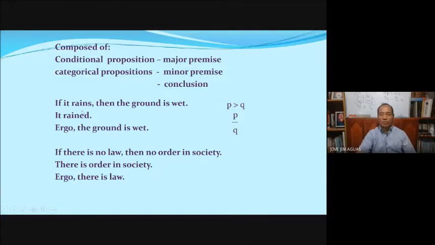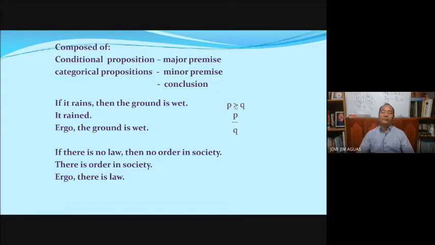Remember our discussion on the conditional, the antecedent and the consequent. So P stands for the antecedent and Q stands for the consequent. This sign here is usually a horseshoe sign, or sometimes a greater than sign. It's a sign of condition.